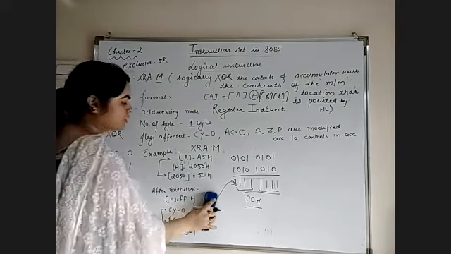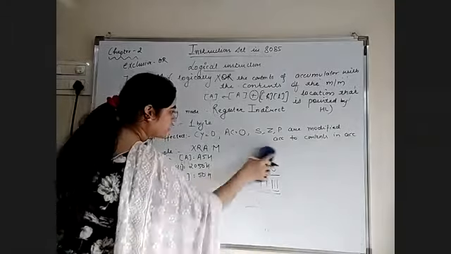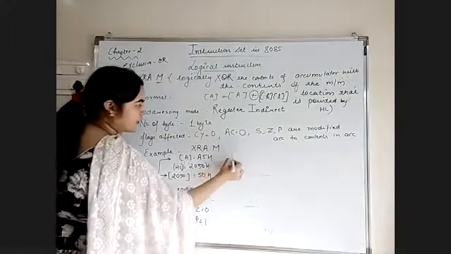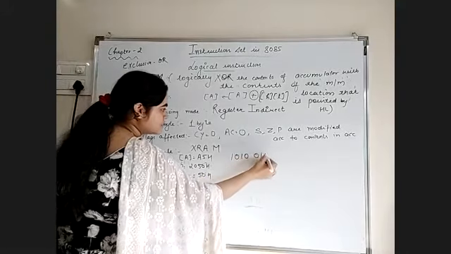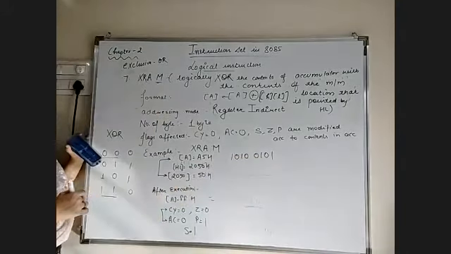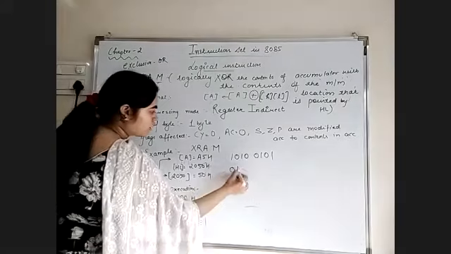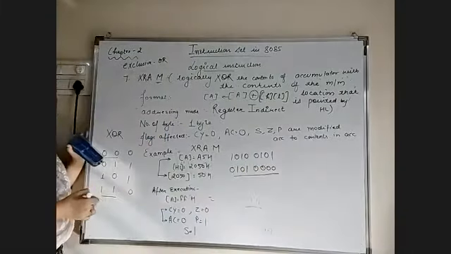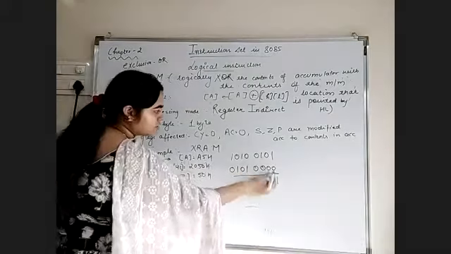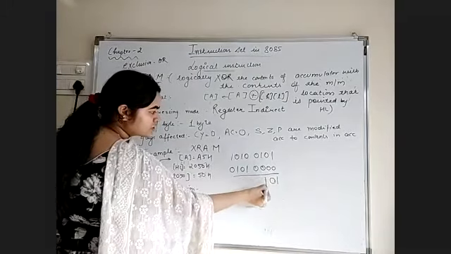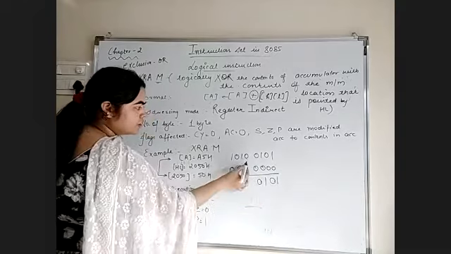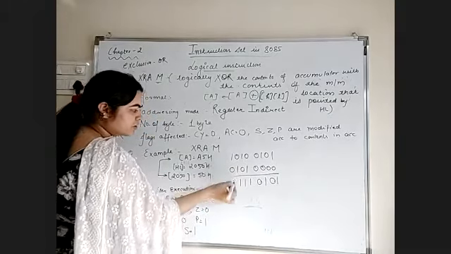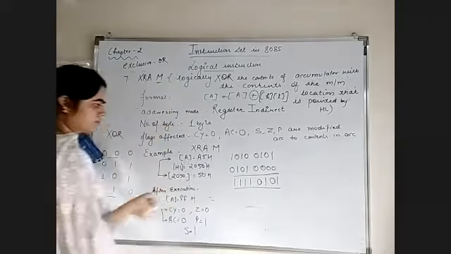Now we can see the output according to these two values. The first value we have is A5, which is 10100101. Next we have 50, which is 01010000. Now see the result. 1 and 0 is 1, 0 and 0 is 0, 1 and 0 is again 1, 0 and 0 is 0. 1 and 0 is 1, 1 and 0 is 1, 1 and 0 is again 1, 1 and 0 is again 1.